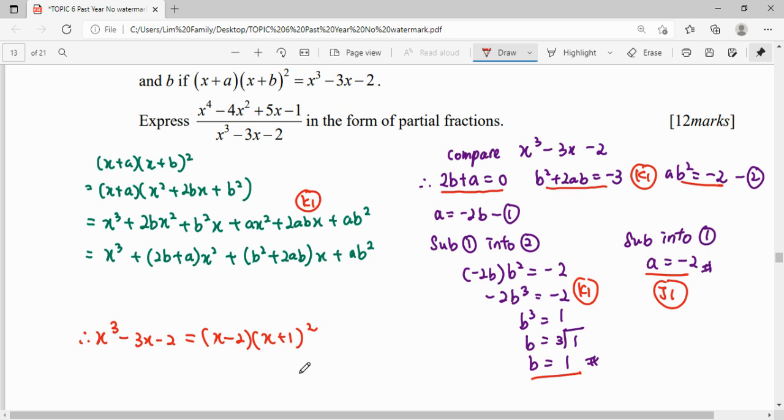So we're going to start our partial fraction. Our first step is to identify whether this fraction is proper or improper. We can see the numerator is of power 4 and the denominator is of power 3, which is cubic. So the numerator's degree is greater than the denominator's, and this fraction is obviously an improper fraction.